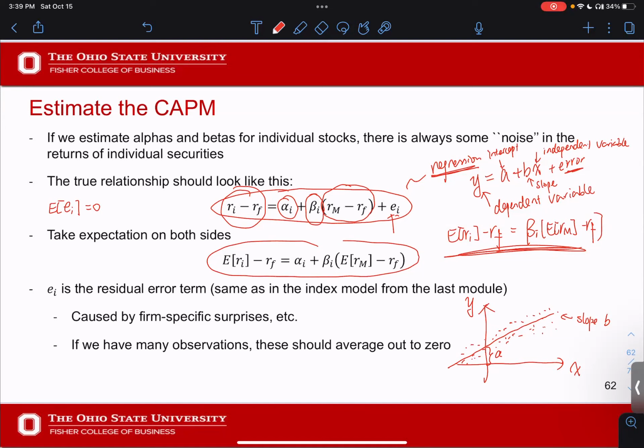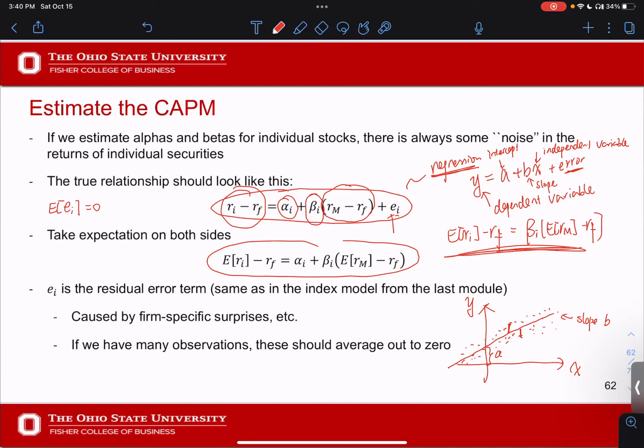But if you sum all of the errors together, like this point and this point, it should be 0 on average, meaning that on average all the data are on the line. But for individual data, it might diverge from the regression line.